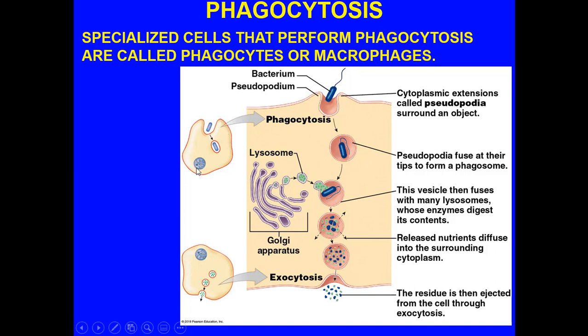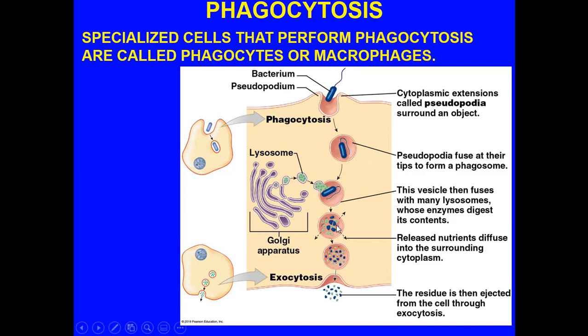Now, this happens, as I said, very commonly with white blood cells, etc. And what happens is now the pseudopodia fuse at the tips to form the phagosome. Yeah, we know that. Then we send out the lysosome. The lysosome fuses with the phagosome, and it dumps its enzymes inside to destroy the bacteria cell, but it will also break down a lot of the material.